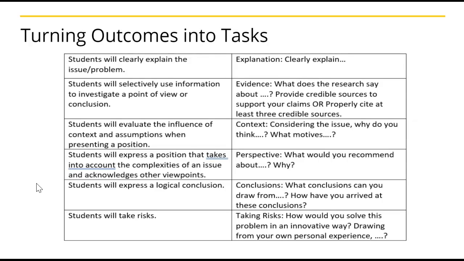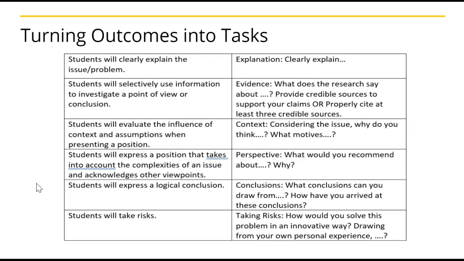And these ones are very popular in Gen Ed because these are mostly about critical thinking. So if you want your students to clearly explain an issue or a problem, then you might have a series of questions that would just simply say, clearly explain, and then a little bit more information. So always thinking about the prompt that is going to elicit student learning is going to be really important.